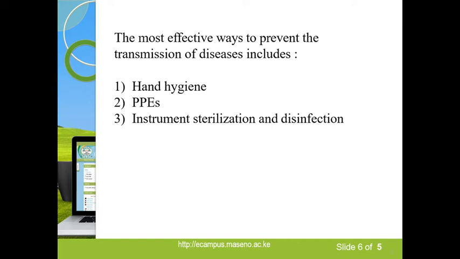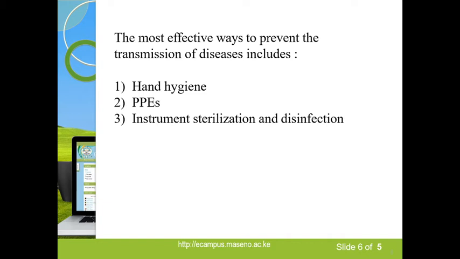When we talk about hand hygiene, this is something that everybody is aware of now, even the youngest of children, because of the current status of the world. But generally, approximately 50% of nosocomial infections could be reduced or taken care of if only everybody observed hand hygiene the way it should be.